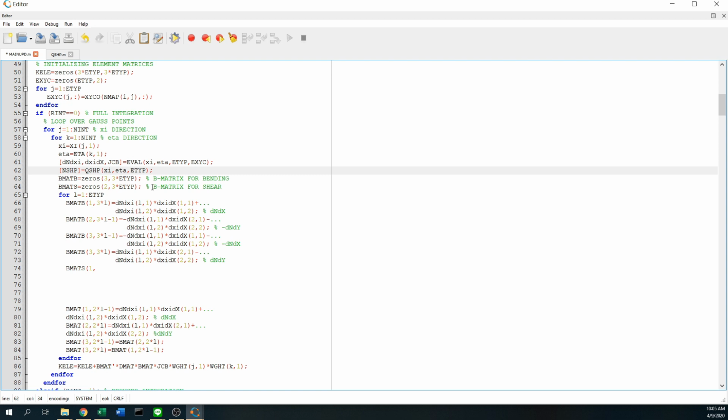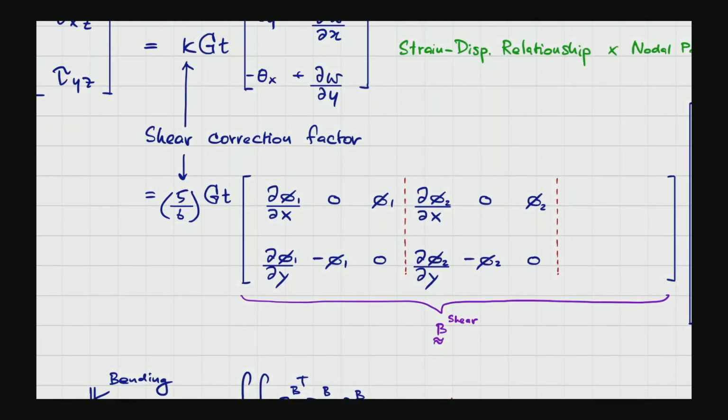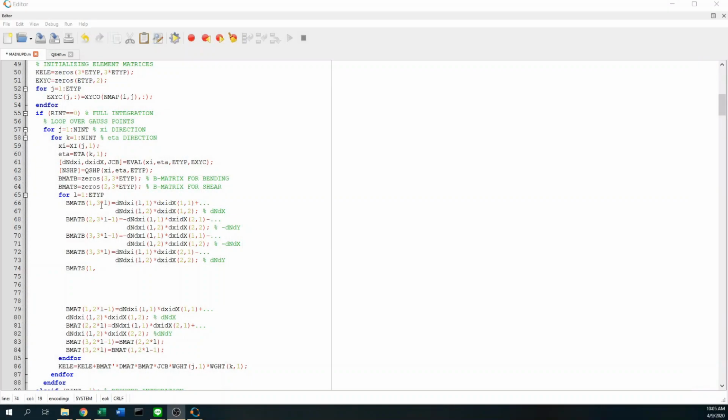What next? N shape. Okay, come back to this page. This one first. So 1, 3 times L minus 2 turns out to be this column number. 3 times L minus 1 has 0 here. 3 times L, it is the shape function.